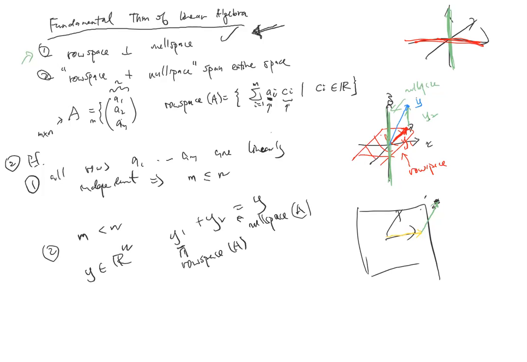So now, back to the proof for the second part. Let's say I have y here. y1 should be in the row space of A, so y1 should be equal to some linear combination of the rows.